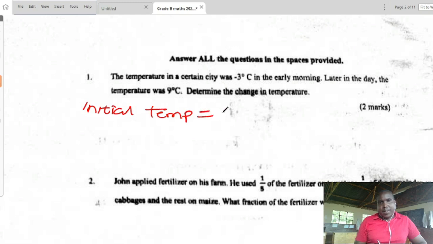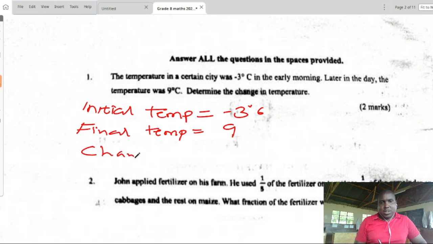Initial temperature is equal to -3 degrees Celsius. Final, in the evening, the final temperature is equal to 9. Now, what is the change?